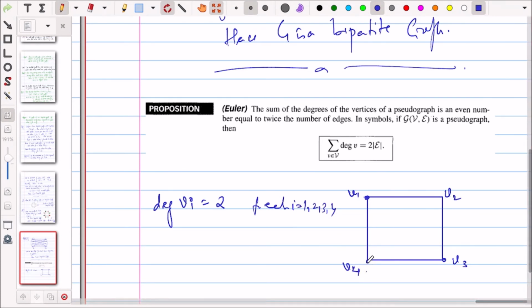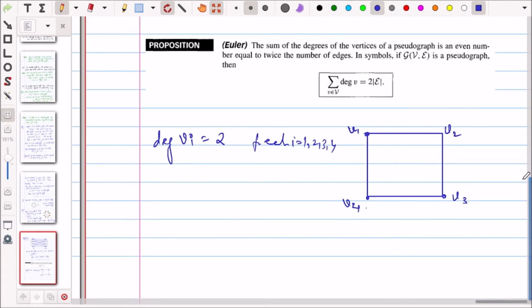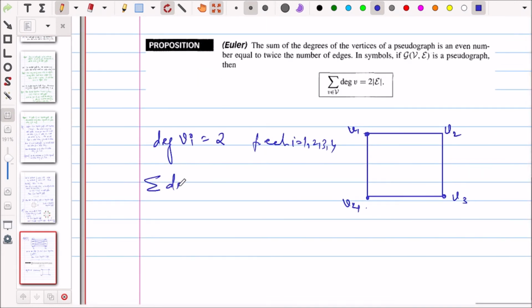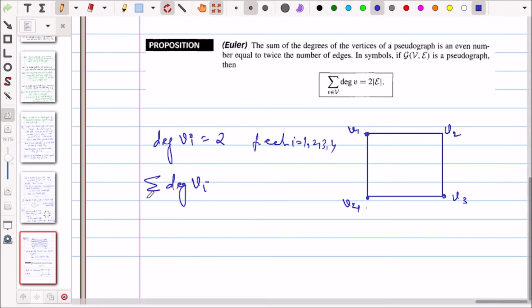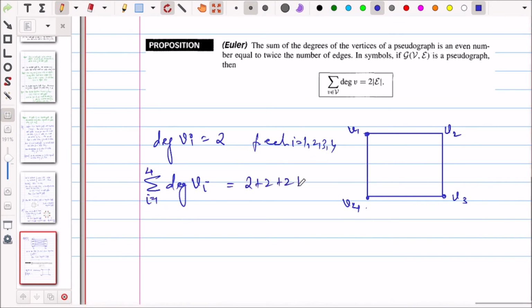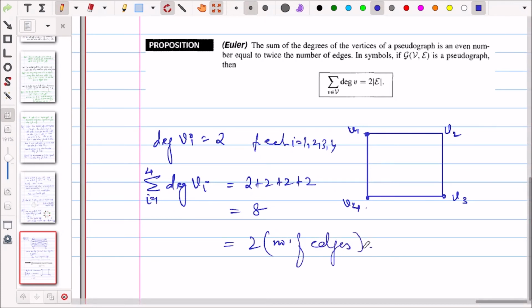So the sum of degree of Vi is 2 plus 2 plus 2 plus 2, which is 8, which is 2 into the number of edges, right? So this is the theorem.